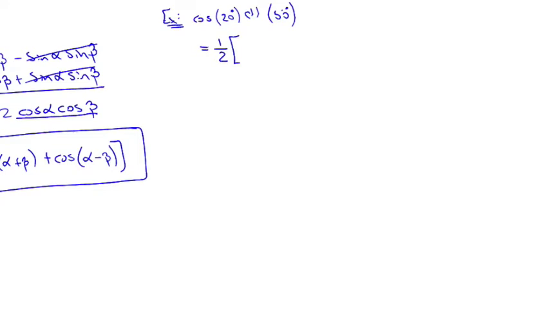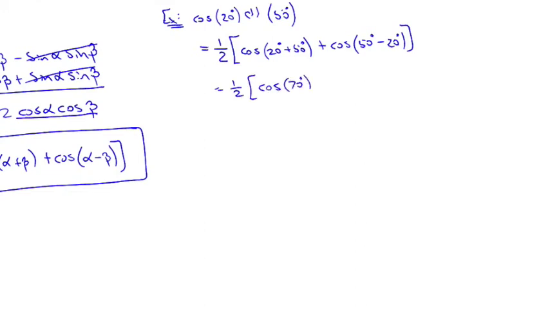So this would be cosine of the sum plus cosine of the difference. And I would put the bigger one first, just to keep it positive. So this becomes 1/2 of cosine of 70 degrees plus cosine of 30 degrees.